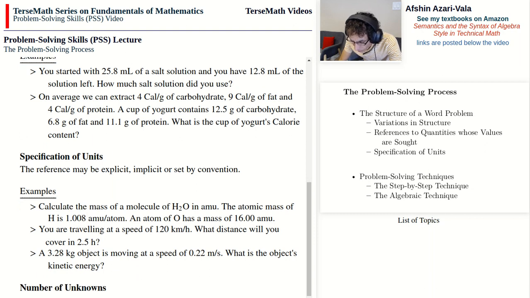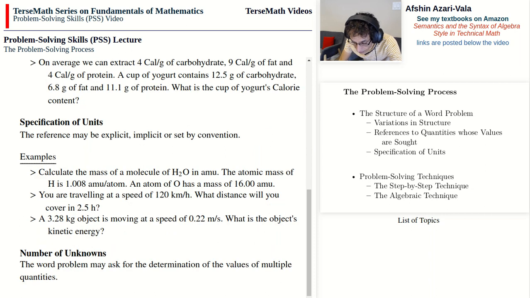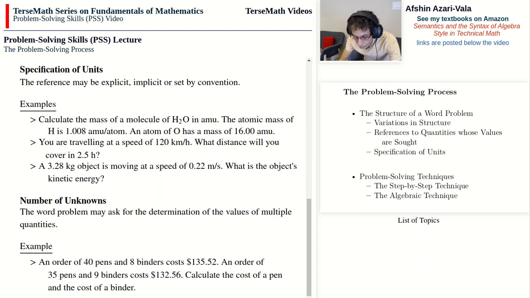Now, one last thing before we move on to problem solving techniques is the number of unknowns. Sometimes a word problem may ask you to find the value of a single unknown. In basic math, those are usually the kinds of problems that one reads about. However, it is possible for a word problem to ask for the values of multiple unknowns. An example of this is the problem: an order of 40 pens and 8 binders costs $135.52.